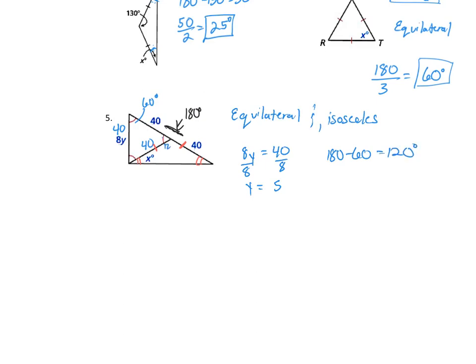Then I subtract 180 minus 120, and that should give me the sum of the 2 base angles. That says 60 degrees. So the 2 bottom angles added together have to be 60. I'll divide that by 2. X should equal 60 divided by 2, we get 30 degrees for x. Y is 5, x is 30 degrees.